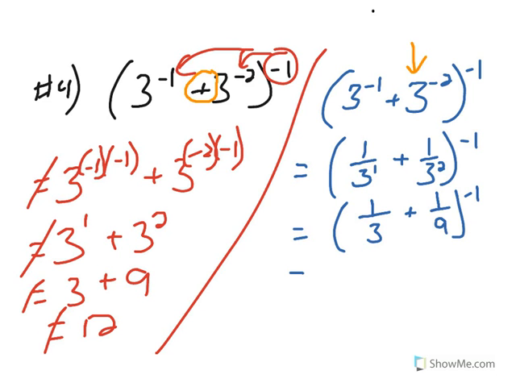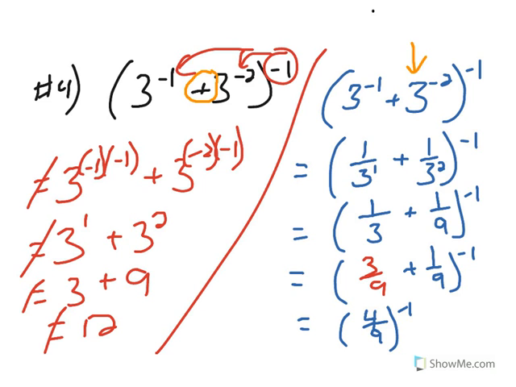When you add these two fractions, you need common denominators. So you could change the 1/3 to 3/9. 1/9 can stay the same. 3/9 plus 1/9. When you add two fractions, you add the numerators, leave the denominators the same.